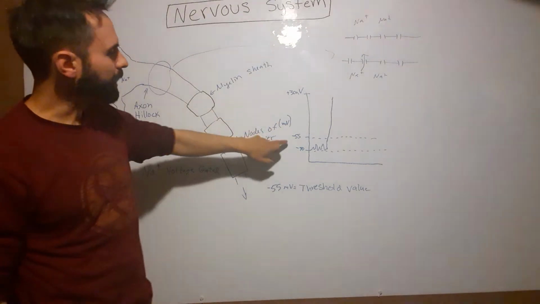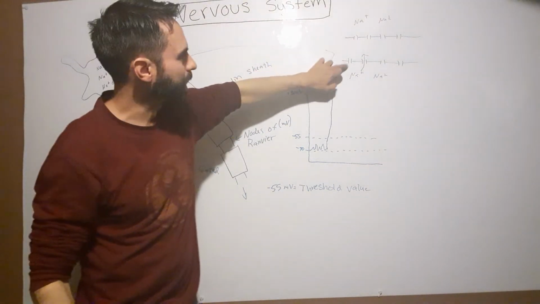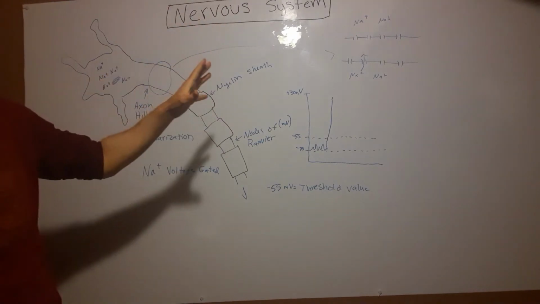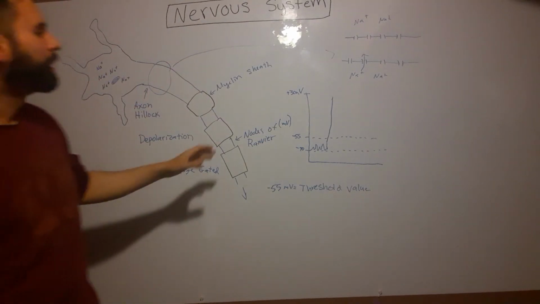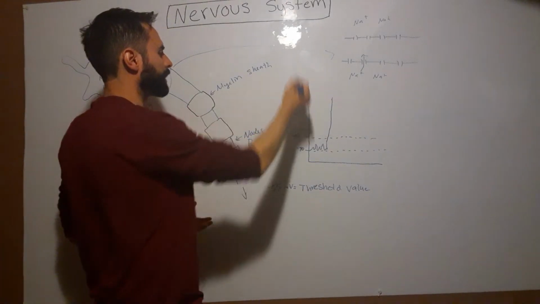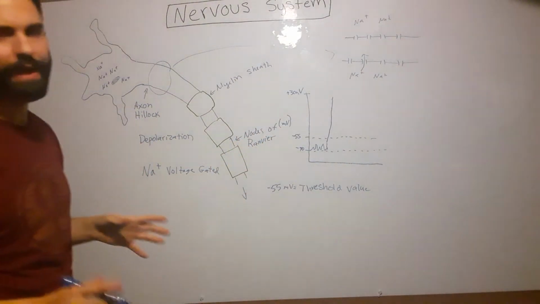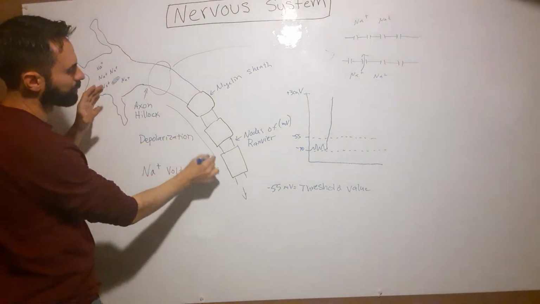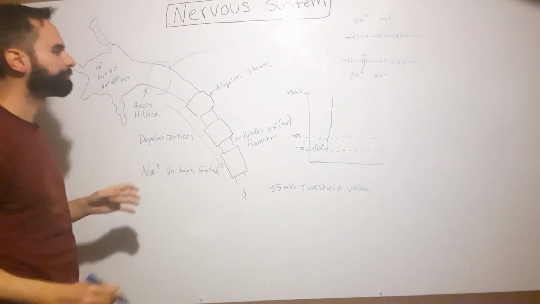So remember, at negative 55 millivolts, these channels open. At a resting membrane potential, they're closed, so that sodium isn't rushing in there all of a sudden really quickly, okay? But as soon as it hits that, those open, and then bam, we get a massive influx. And that's what we call the threshold value. As soon as we reach that, that is when the charge will shoot through, okay?